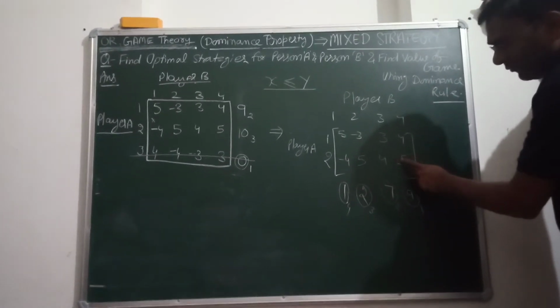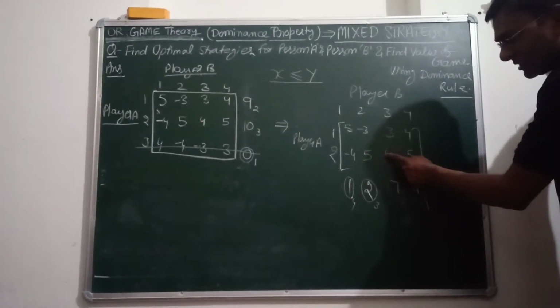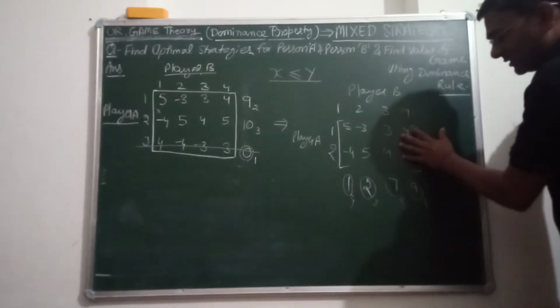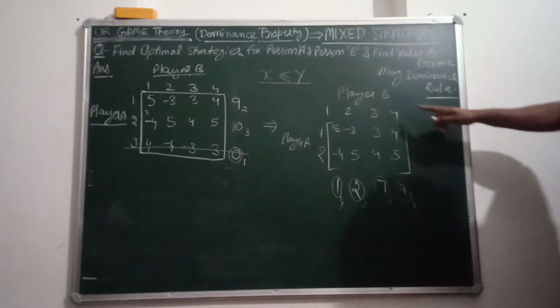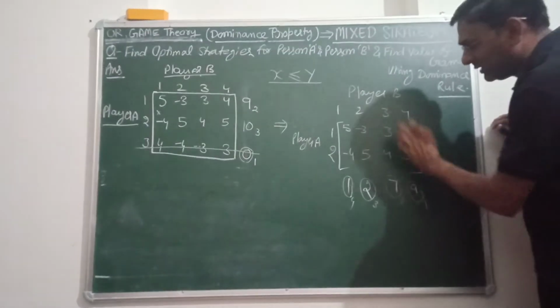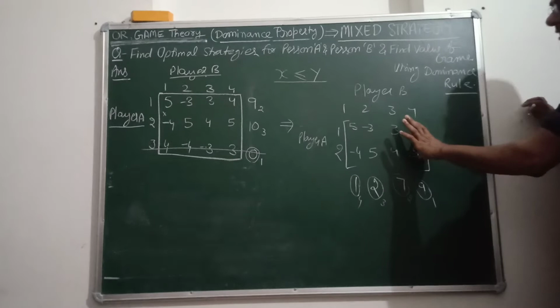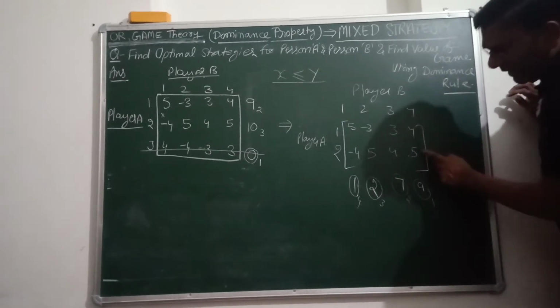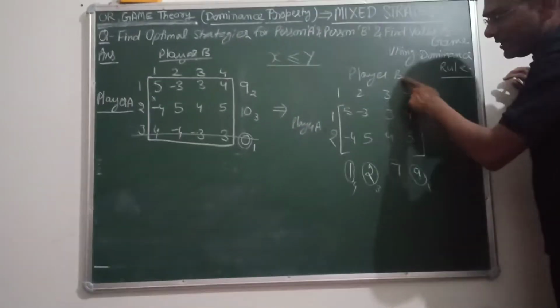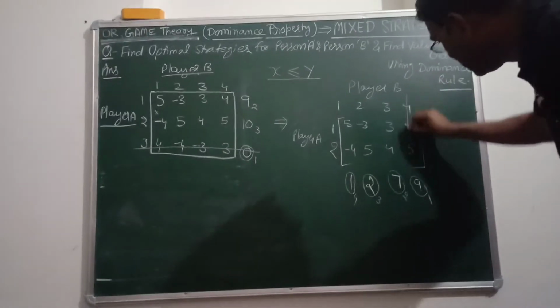As 5 is greater than 4, the condition is satisfied. Again 4 is greater than 3, so the condition is satisfied for eliminating the column, as the values in column 4 are greater than the corresponding values in column 3. So we can eliminate this, as we will never play this strategy, and this will lead to the maximum loss to player B. So we will eliminate these values.